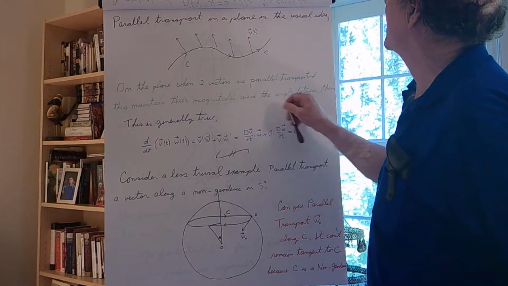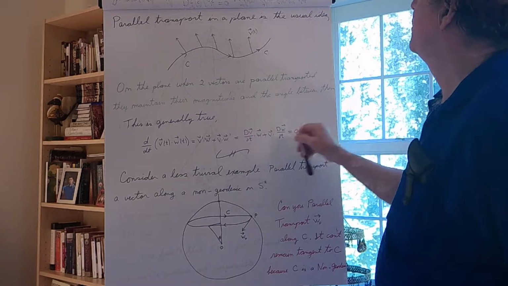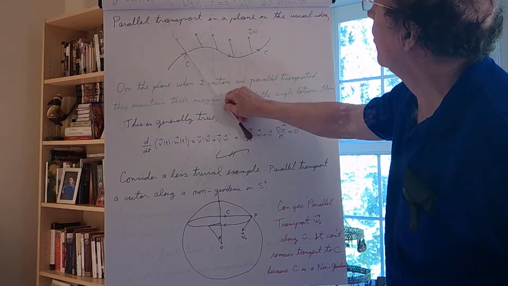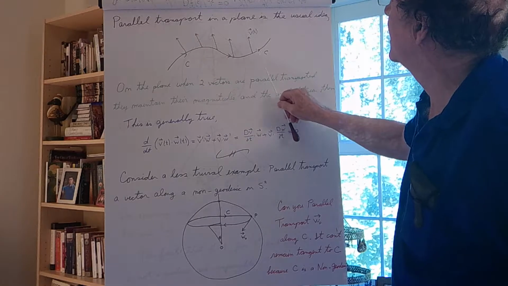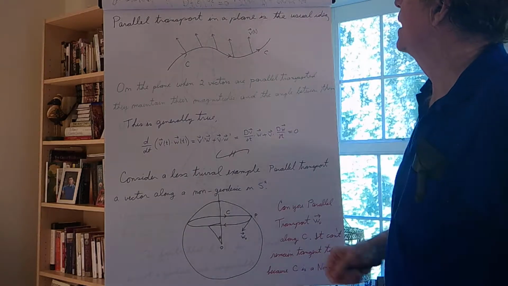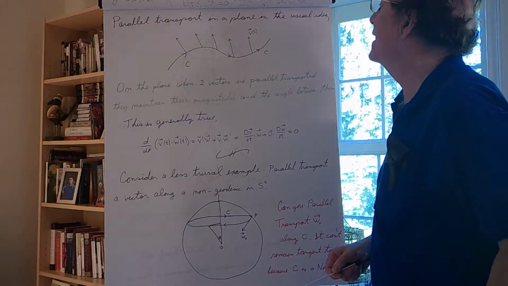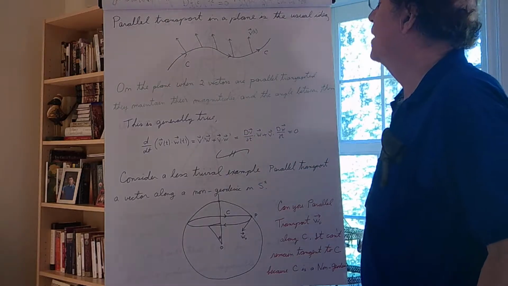Here I'm parallel transporting a vector called v of s along a curved path c. But you see they're always pointing in the same direction. So for example, that might always be in the northerly direction. I have a global sense of up.